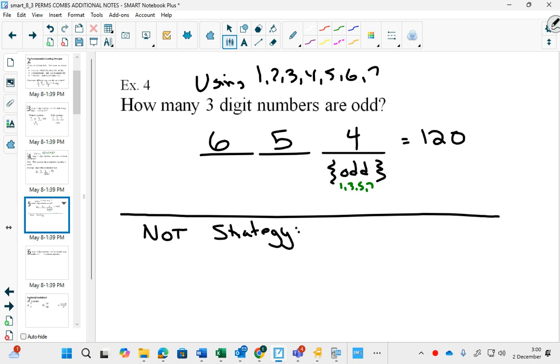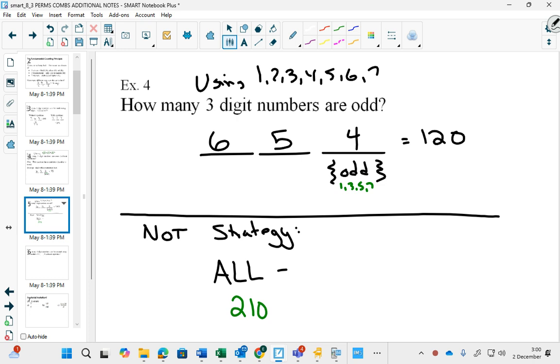And the NOT strategy works like this. If you want to count something that's not something else, first you count all the possibilities. And you see that we did that in example 2 and found out that there's 210 with no restrictions.